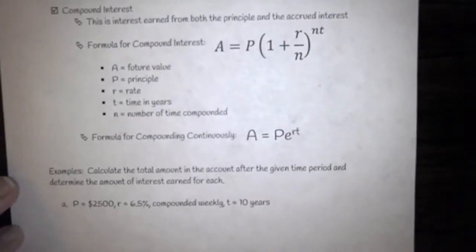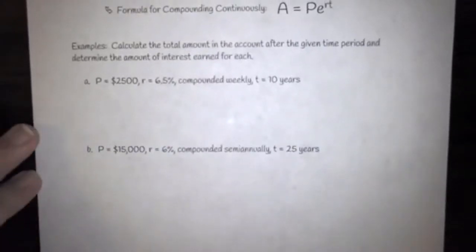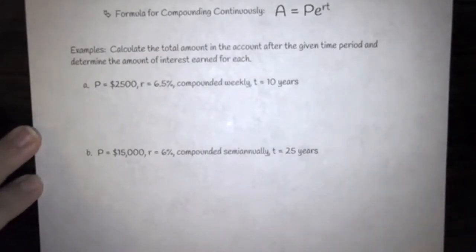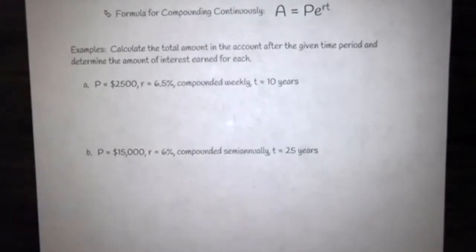All right, so let's look at this example here. The example says, calculate the total amount in the account after the given time period and determine the amount of interest earned for each.